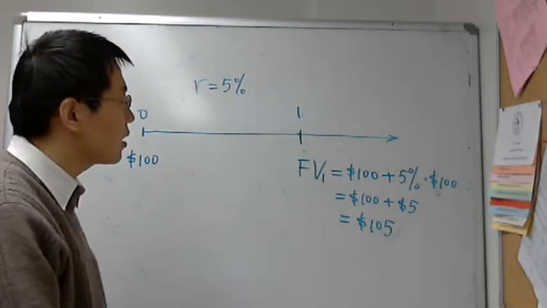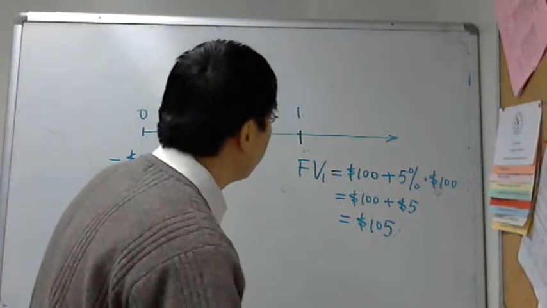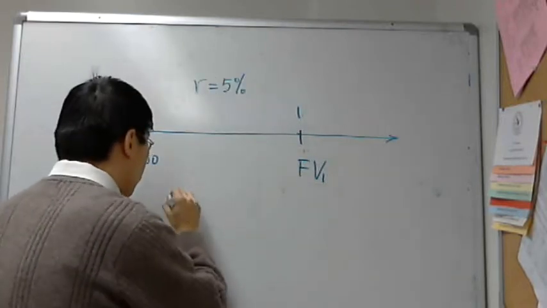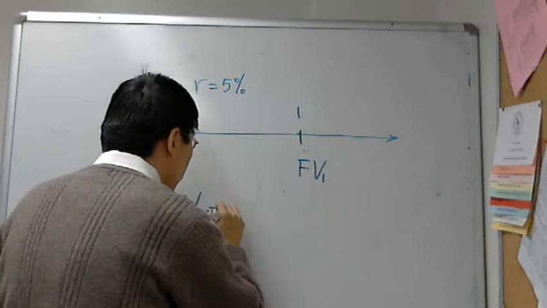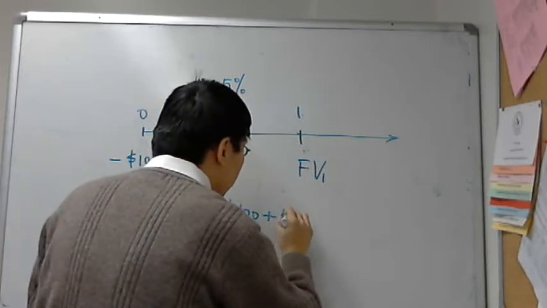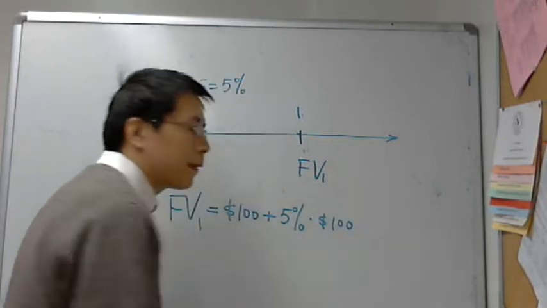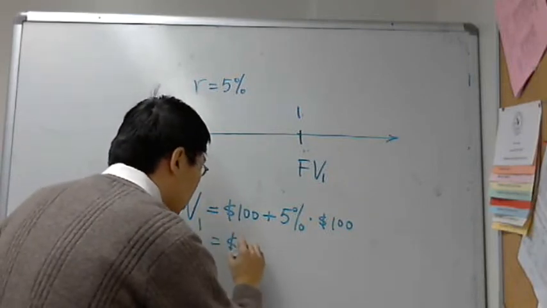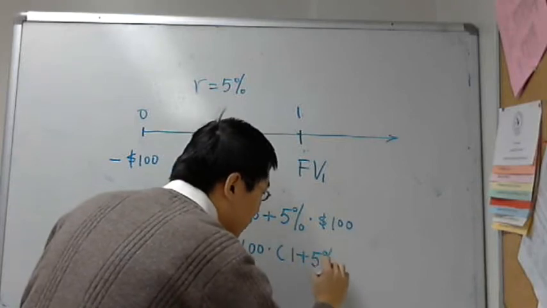So this is a very simple example. I'm going to work on the numbers a little bit. Future value at the end of the first period is going to be $100 deposit plus 5% interest on it. Now I group the numbers. You should say it's $100 times 1 plus 5%.